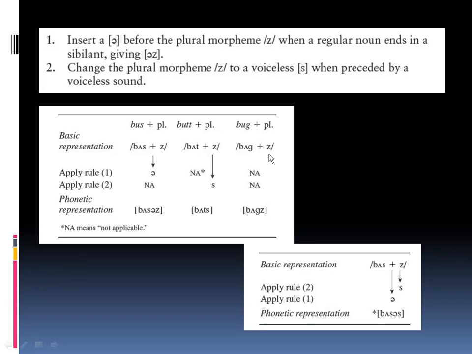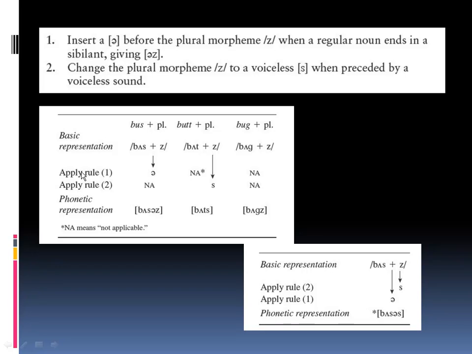Bug and pluralizing it. Okay? There's no sibilant sound like ch, sh, s, stuff like that. So rule number 1 doesn't apply. Rule number 2 doesn't apply because there's no voiceless sound. It's a voiced sound. So none of these rules apply, and in the end, you come up with bugs, which is the right sound.